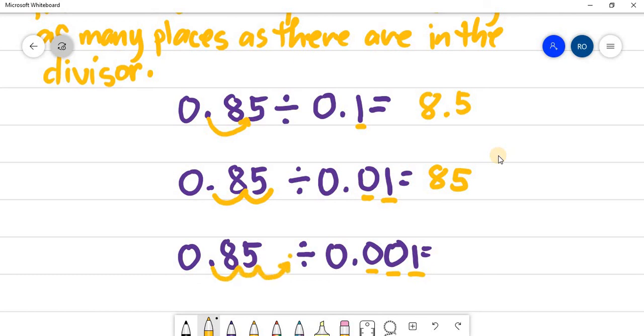We have to add 0. So the answer is 850. That's how we divide a decimal by 0.1, 0.01, and 0.001. We don't need a long solution to find the right answer.